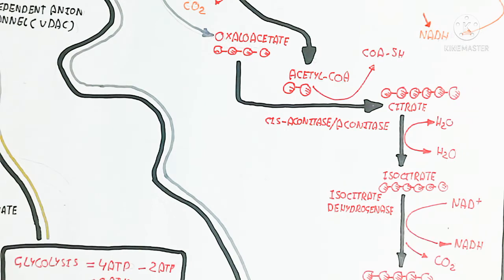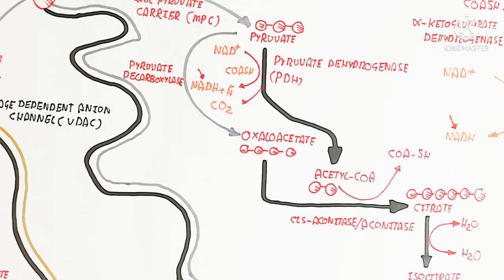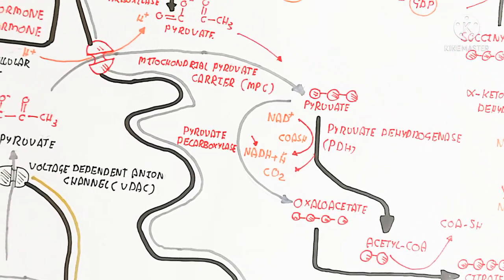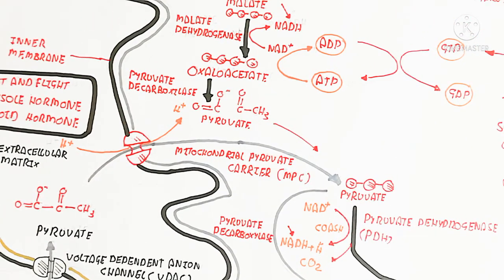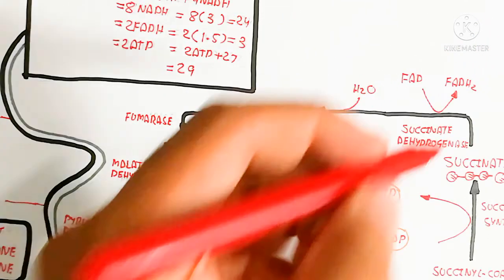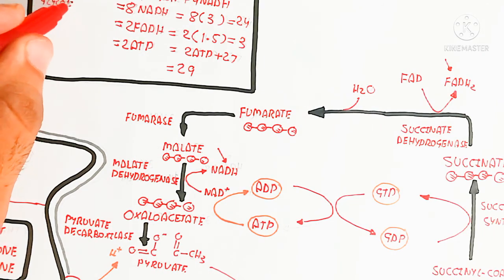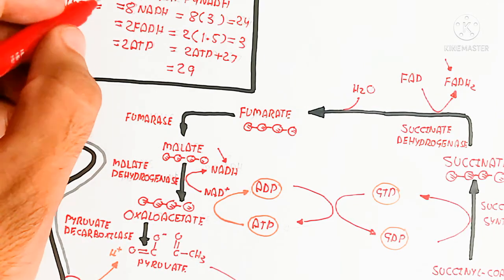So remember, we need to understand that the preparatory step is the pyruvate conversion into acetyl CoA, and the preparatory step produces 2 NADH.